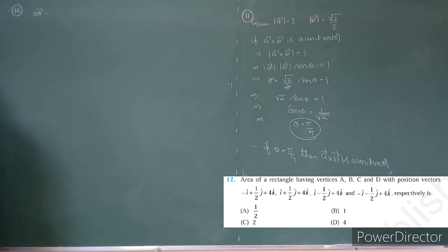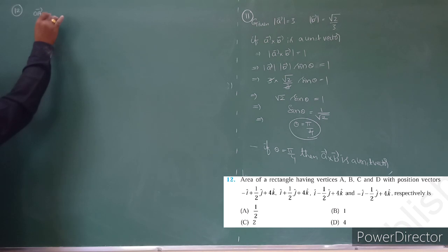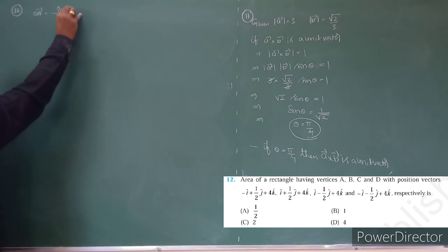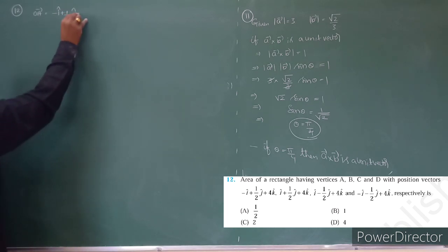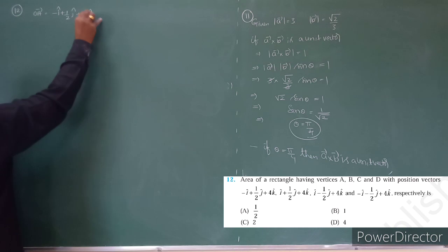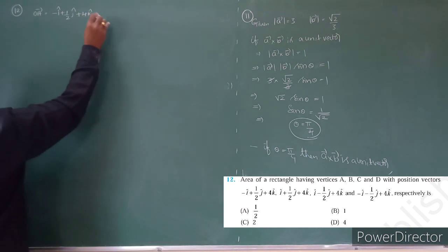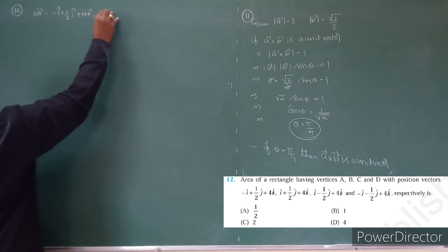OA bar is equal to minus i plus 1 by 2 into j plus 4k, comma OB bar. What is the OB bar?